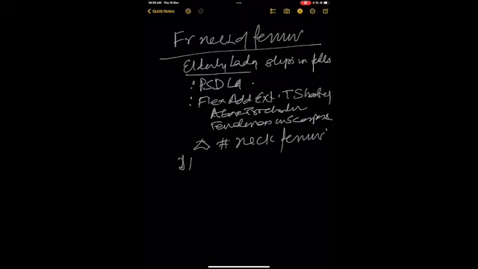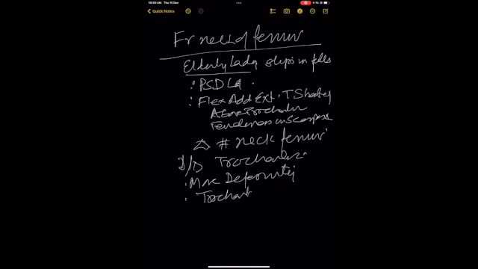The differential diagnosis is trochanteric fracture, where there will be more deformity because it's extracapsular. The trochanter will be thickened and tender, and the tenderness will be in the trochanteric region. In the fracture neck of femur, it will be in Scarpa's triangle.